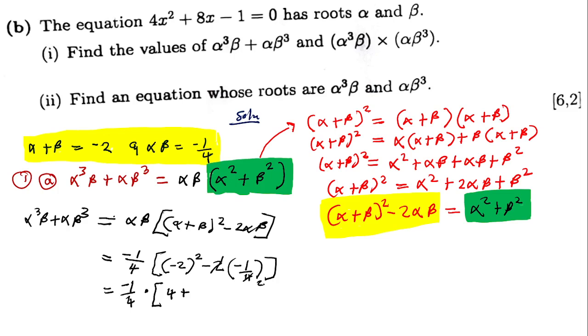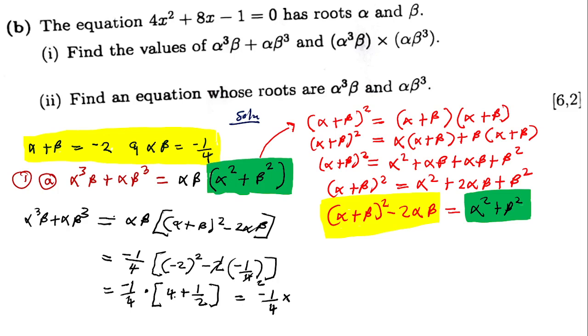After you do that, you can find the summation of the two. So if you work out everything there, this will simply give you -1/4 multiplied by what is inside there.